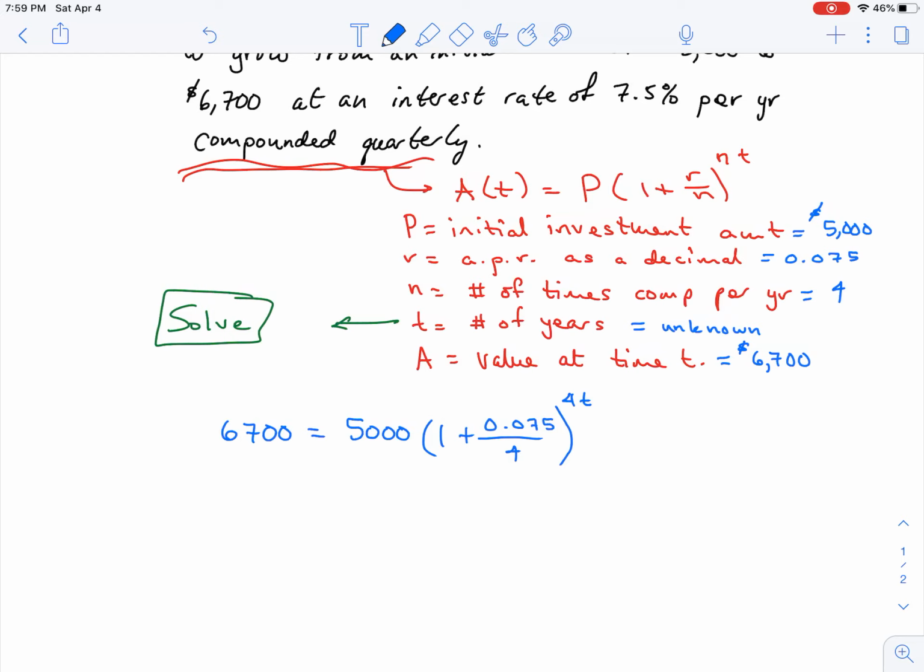This is an exponential equation. I'm going to simplify it first. This is 6,700 is equal to 5,000 times 1.01875 to the 4t.